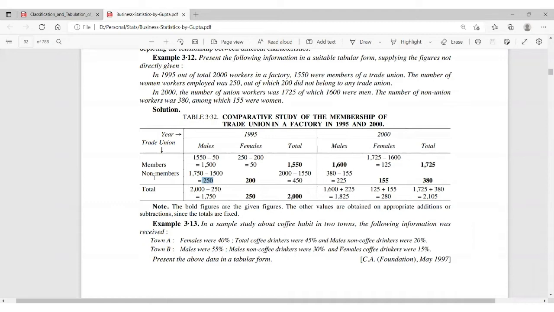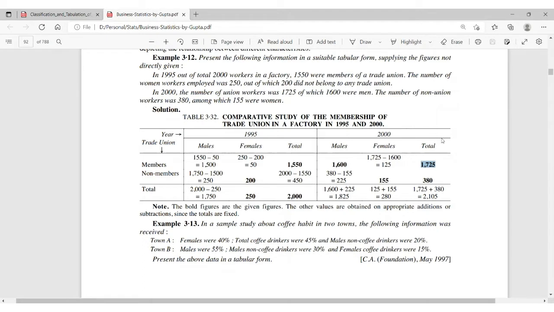the number of union workers was 1725. Number of union workers, right? So total members, this is the members. So this is 1725 total members. Got it?